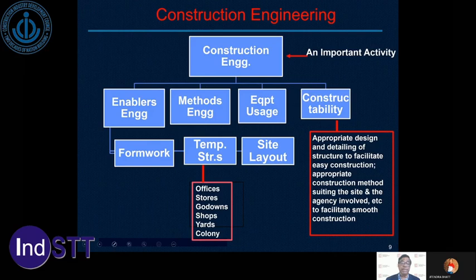Then, of course, designing the construction methods for doing the work, and then deciding the right kind of equipment and getting the best out of the equipment being used, and above all, having good constructability in the designs to ensure that we are able to do the construction easily with the best of quality and safety. So construction engineering is sometimes neglected, but that's of great importance.